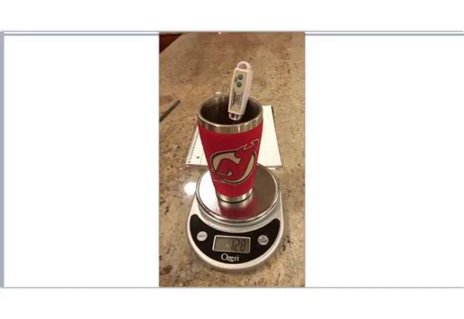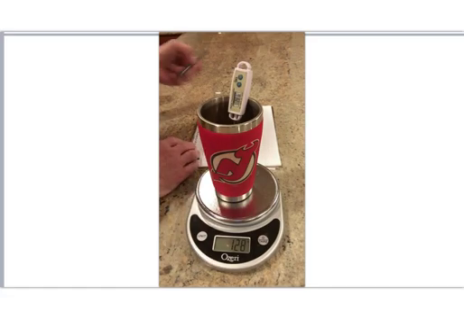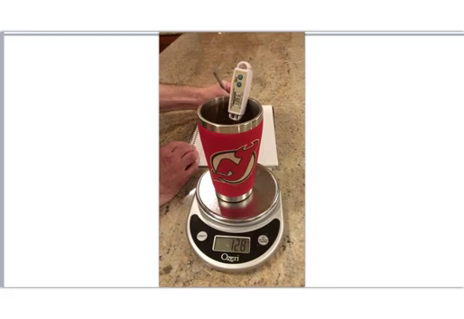And the temperature, let's see where it stops. Let's say 14.1. So the initial temperature is going to be 14.1 degrees Celsius.